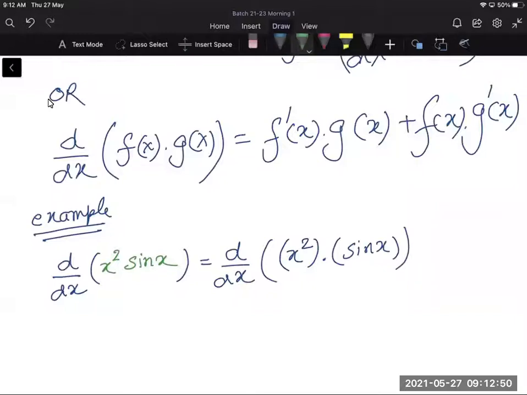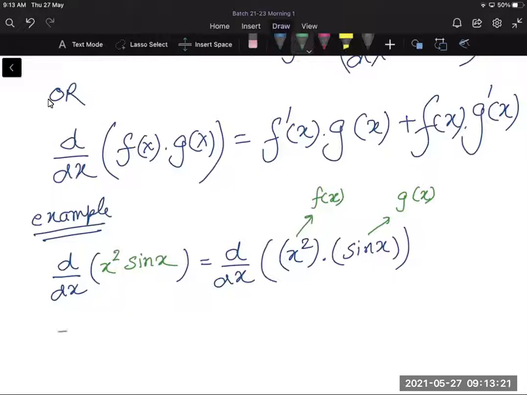So basically, this is the first function of x. This is the second function of x, or vice versa. It does not matter. First and second, I'm only using it for convenience. You can take the other one as the first, and you can take the remaining one as second. Does not matter. Okay.